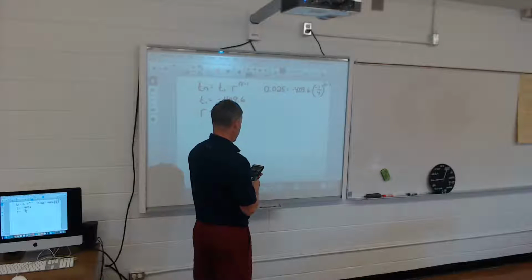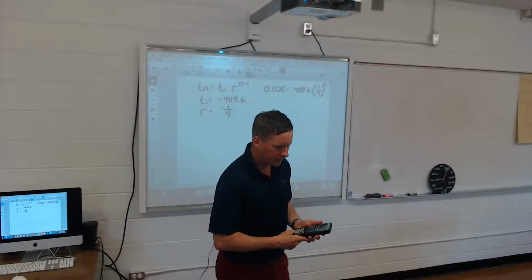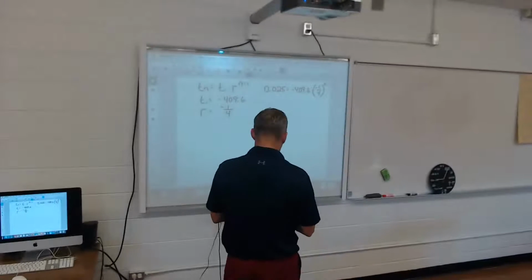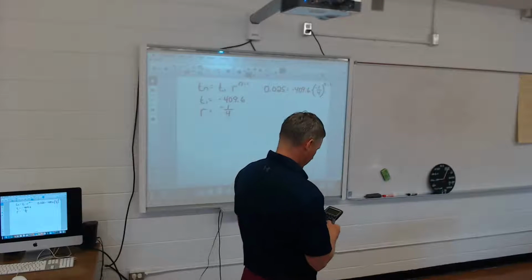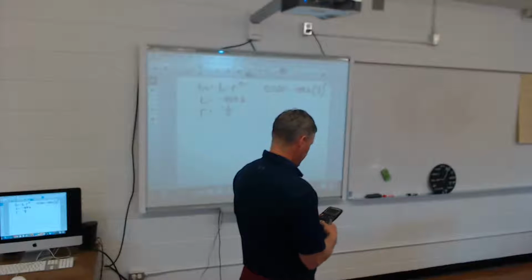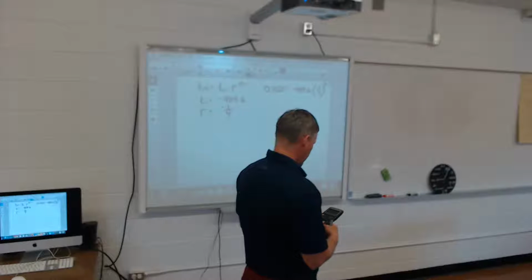Now, what is going on here? 0.025, 409.6. I thought this would work out to a nice easy fraction, but it hasn't done that for me. It's a quarter. Okay, so 0.025 divided by 409.6 is that.